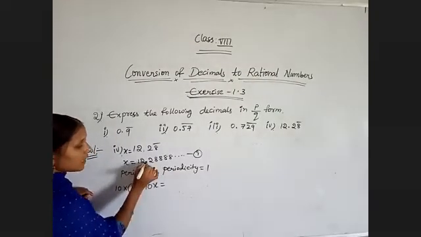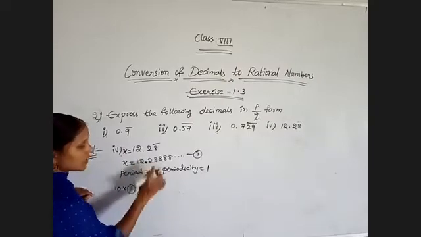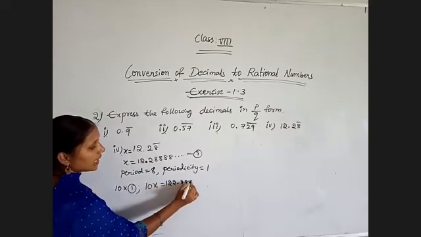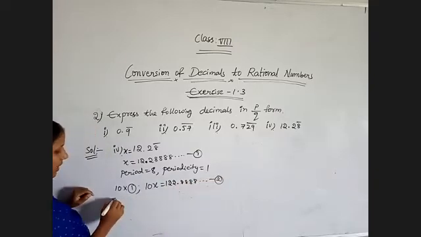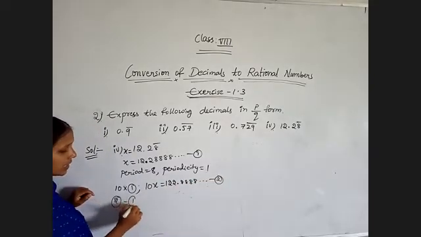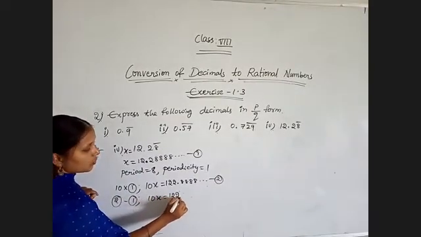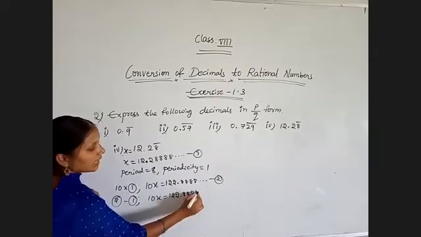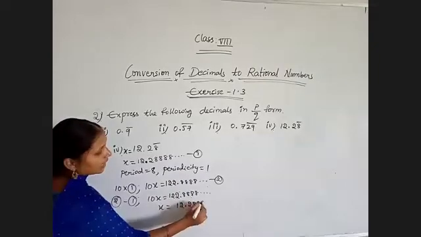While we are multiplying with 10, the point will move to the right by 1 digit. That is 122.8888 and so on. Equation 2. So subtract the first equation from the second equation. 10x is equal to 122.8888 and so on, and x is 12.2888 and so on.